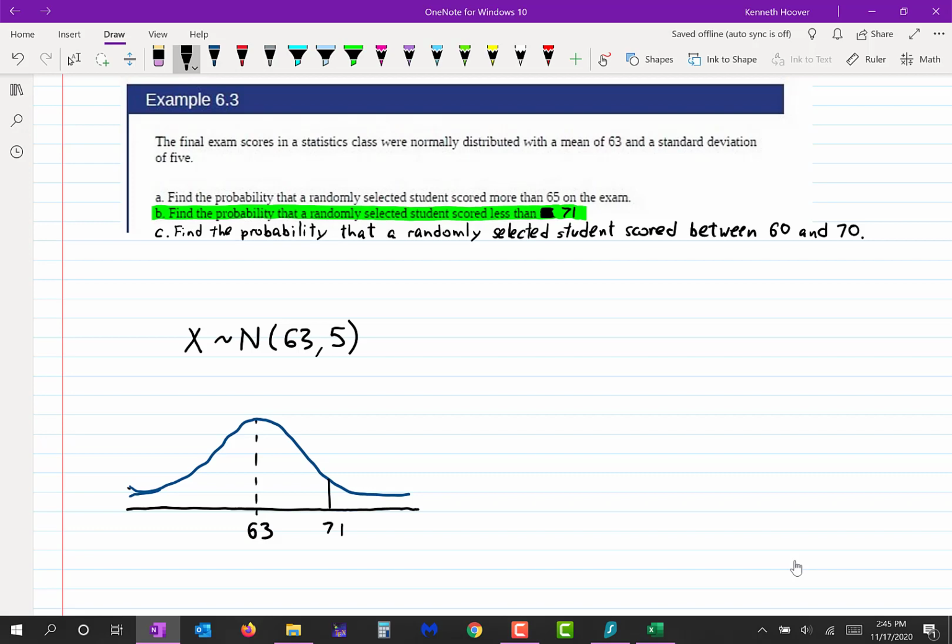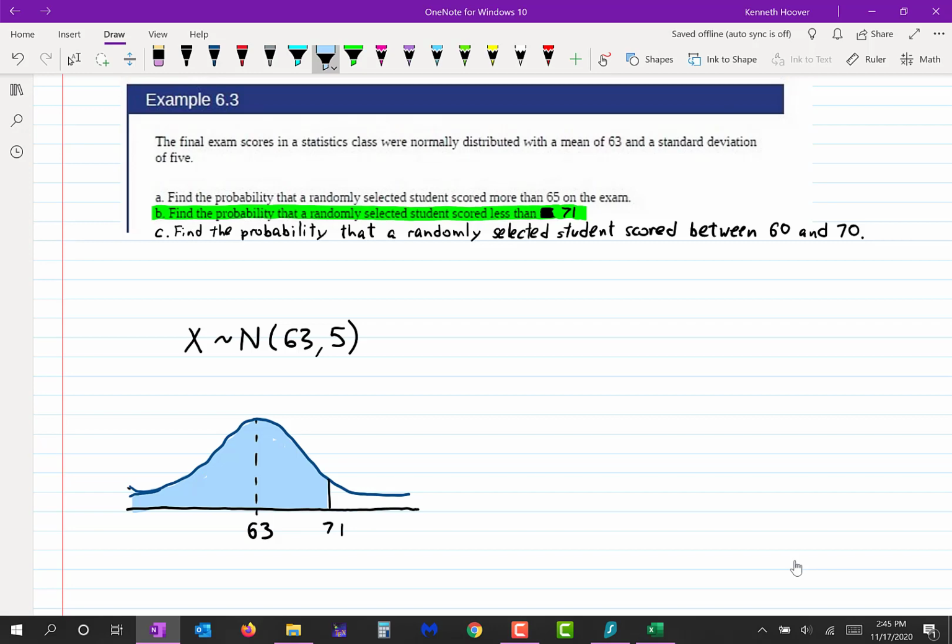It doesn't matter if I'm drawing it in the accurate place or not, because I'm not going to rely upon my picture for the measurements. The picture is just a visual aid. They are asking us to find this area right here. That is the probability of a randomly selected student scoring less than 71. That's what we want to find.